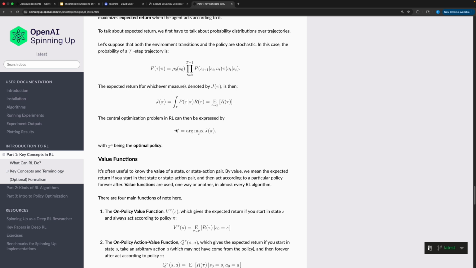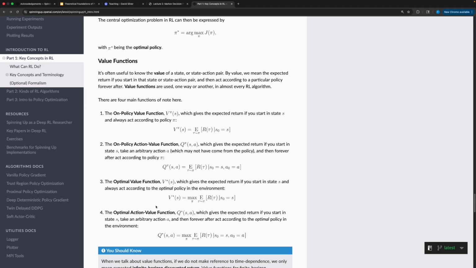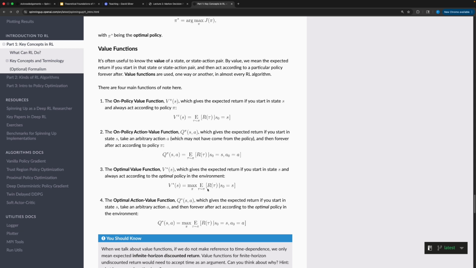And the optimal policy is basically the policy where your value function is the maximum of all value functions for that state over any policy. So v star of s is the maximum among all policies of the expected returns that you can get from starting from that state and following that policy pi.